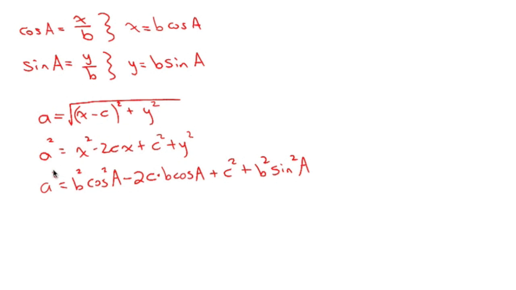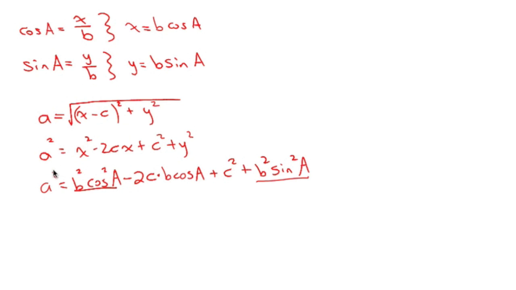Identities. Sine squared, cosine squared. So if I can get these two next to each other, they're very similar, but they also both have a b squared, right? Oh. So I can factor it out. Now if I factor out b squared, what's left behind? Well, sine squared plus cosine squared, which is equal to 1.